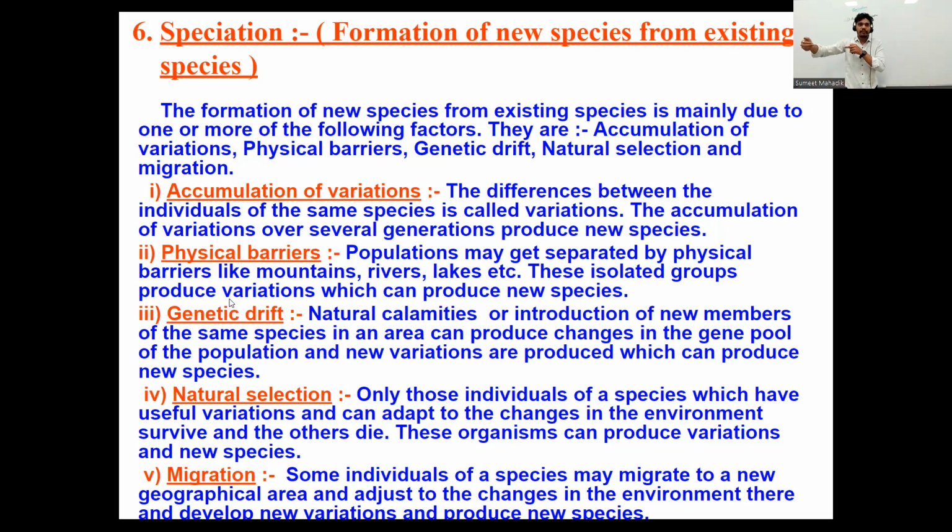Suppose one cat family has only one blue-eyed cat. If that blue-eyed cat finds a blue-eyed male cat as a partner, what is going to happen? The majority of the children formed are blue-eyed. So once there is an inaccuracy in the DNA, it leads to accumulation across the generations. Very good. So first, accumulation of variation is variation over several generations.